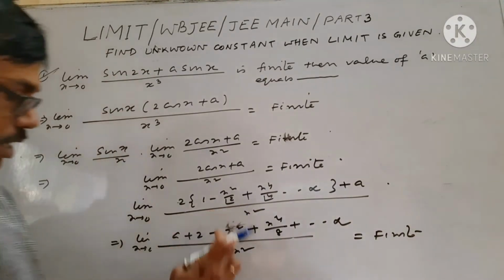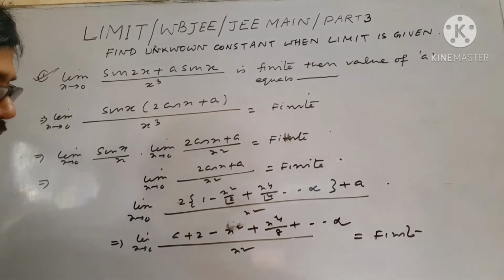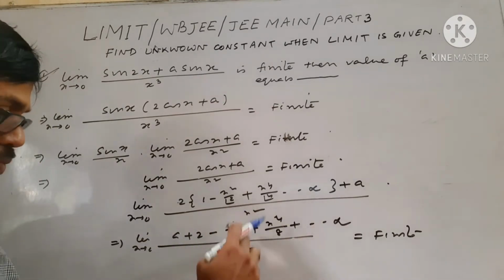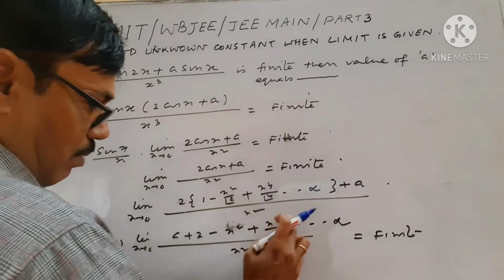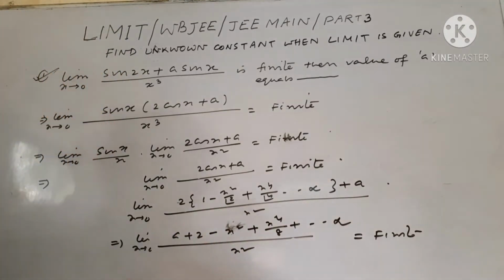Now look, x square by x square, this is 1 and more than x square, so this limit is 0. In order that the limit exists, a plus 2 equals 0. So what is a? A is minus 2.